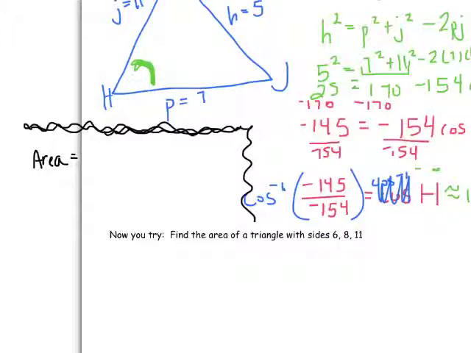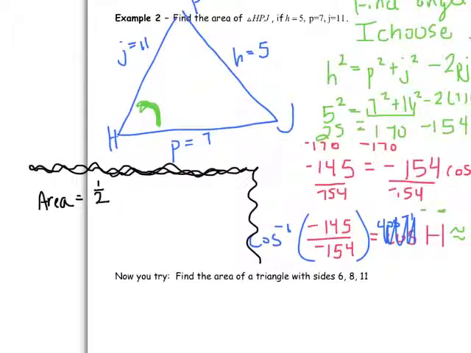All right, but we're doing area equals 1/2. Before you just start filling in the numbers, really make sure that you fill in the correct numbers. Remember that we found angle H. If this is the angle that I found, you have to use the appropriate two sides. So you have to use this side and this side, because those are the sides with the included angle.